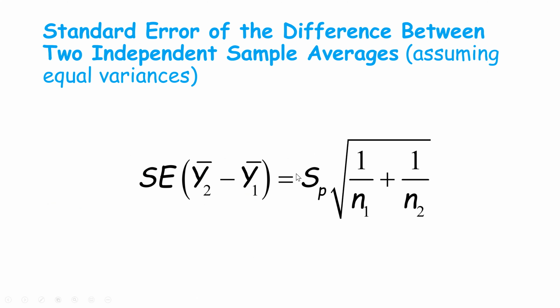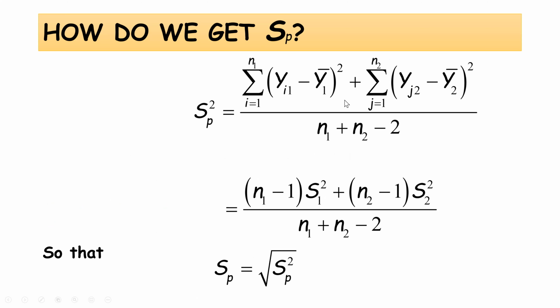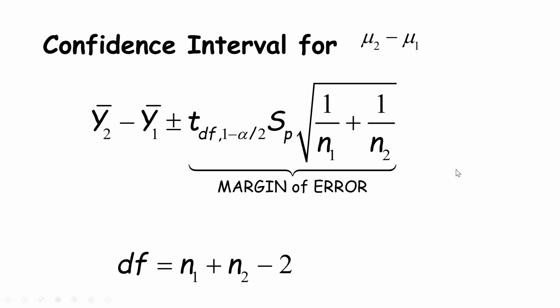And how do we estimate it? Using the pooled estimate. We are going to use both samples to get an estimate of that sigma parameter. It is this expression that seems scary, but it isn't. It's just pooling from the two samples. From each sample, we compute the deviations from the particular y bar for the two populations, and then we combine this into this formula, and the confidence interval.